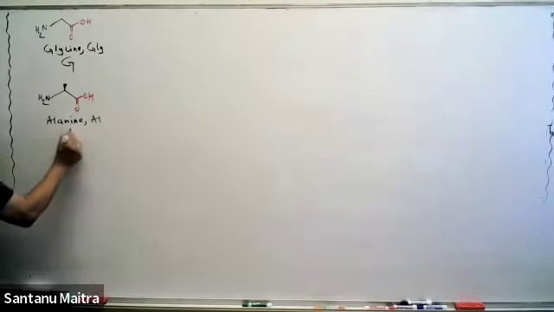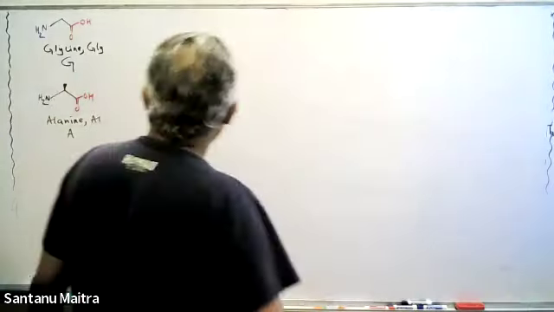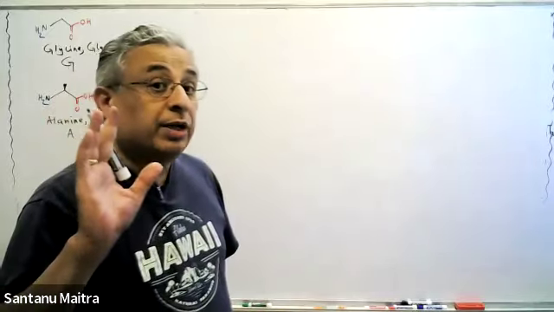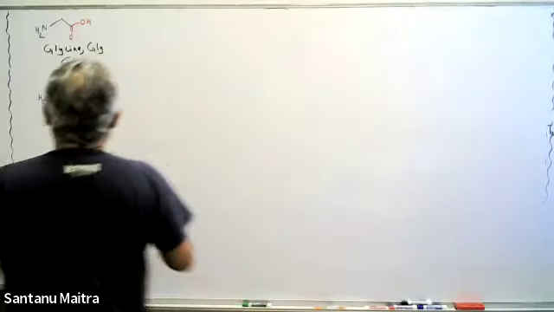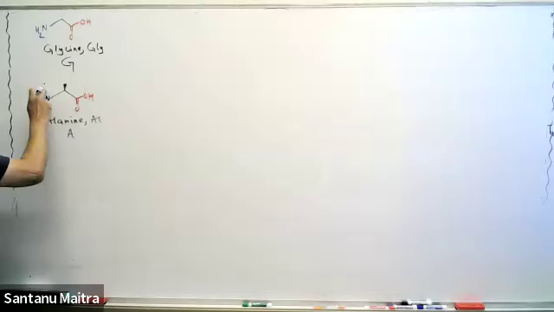ALA, three-letter code, and A for one-letter code. Okay. This is what you want to generate. You want to connect the C end of glycine with the N end of the alanine. So this is where you want to make the connection.